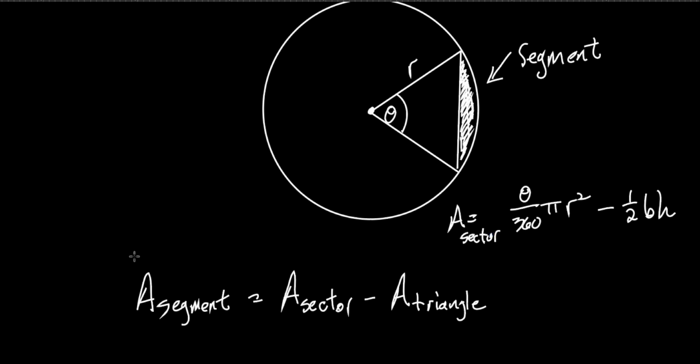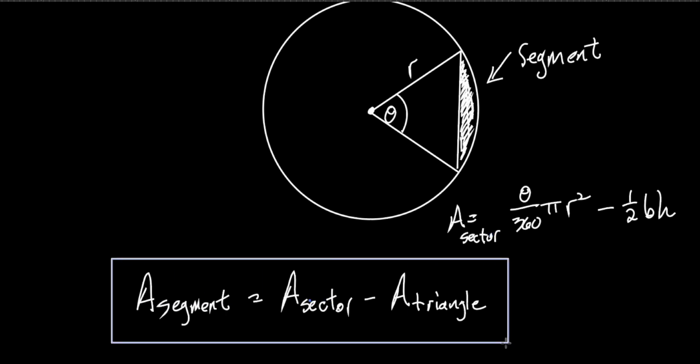We know how to find the area of a sector: theta over 360 pi r squared. We know how to find the area of a triangle, which we discussed earlier in the chapter: 1/2 the base times the height. Once you take the triangle away from the whole sector, you're left with this little bit right here, which is the segment. You see what we're doing?